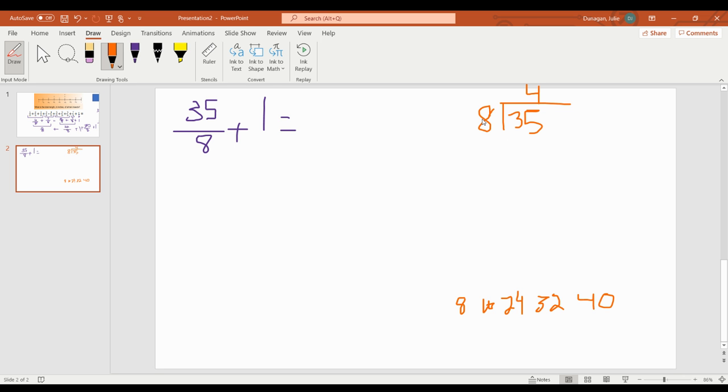So 8 times 4 is 32. I'm going to write down my 32. And now we subtract. 5 minus 2 equals 3. 3 minus 3 is 0. So now my remainder becomes my numerator.